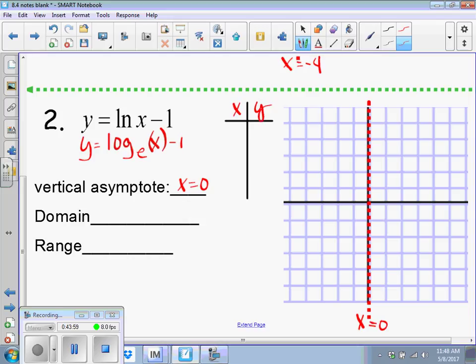Now, we go look at our table. And at x equals 0, this says error. That's because x cannot be 0, because that's my asymptote. We got another point, 1, -1. So 1, -1 right here.